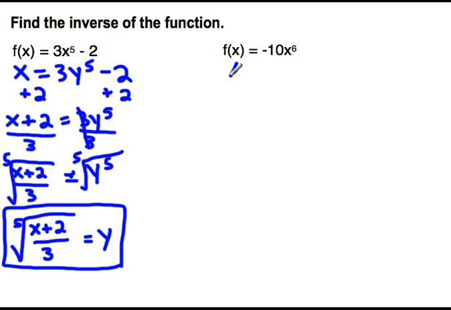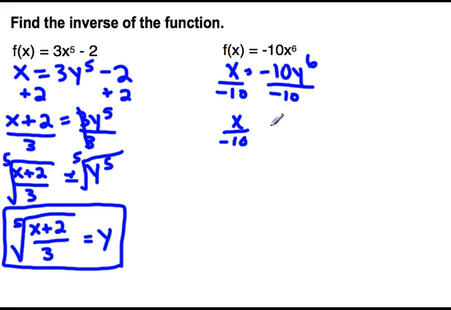We're going to change this to x equals negative 10 y to the 6th. Now we're going to divide both sides by negative 10. That leaves us with x over negative 10 equals y to the 6th. And again, we need to take the 6th root of both sides in order to get the y by itself.